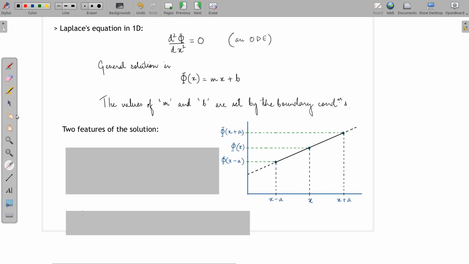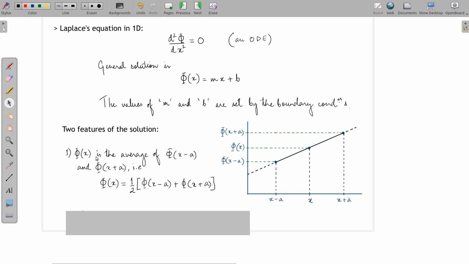There are two features which give us insight into the behavior of the solution. The first feature is that because it's a linear solution, the value of the function at any point will be equal to the average of the two values on either side, two equidistant values. Let's say I want to find the value of the potential at point x.